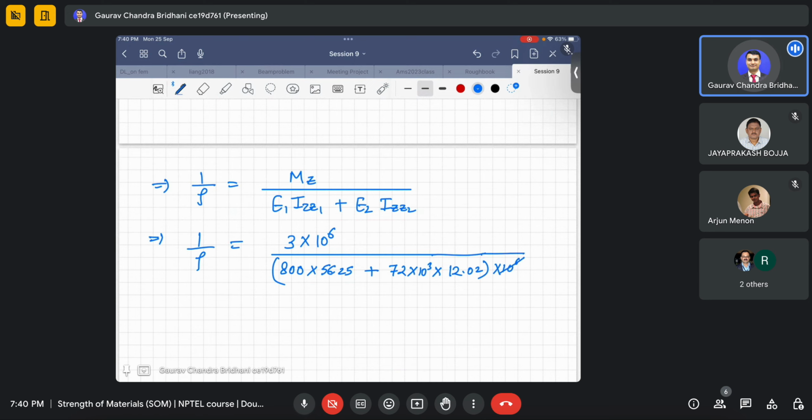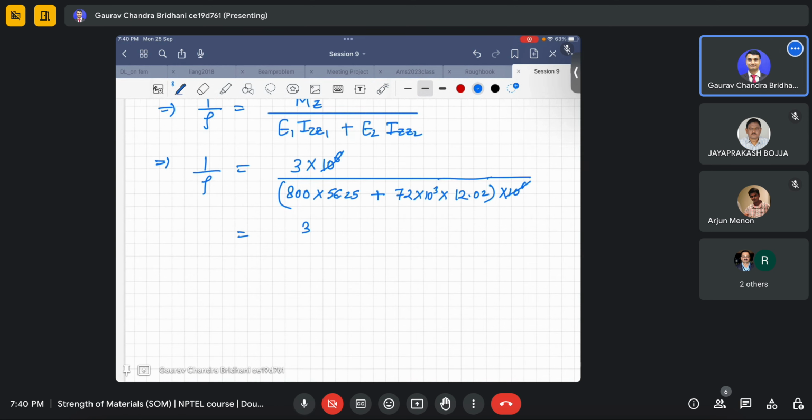Now this 10 power 6 gets cancelled with this, so you have to calculate this quantity, 3 upon 800 into 56.25 plus 72 into 10 power 3 into 12.02.